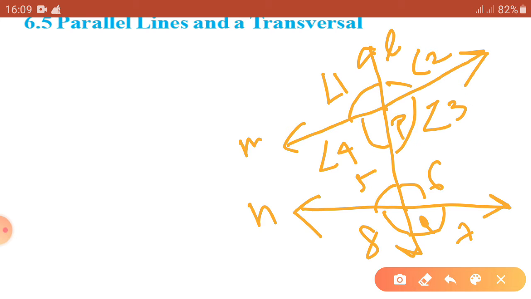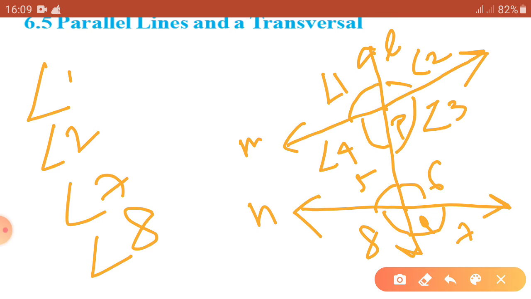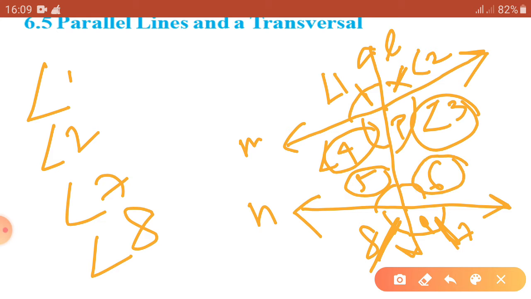So now here angle 1, angle 2, angle 7, and angle 8 are called exterior angles, while angle 3, angle 4, angle 5, and angle 6 are called interior angles. Okay, got it?